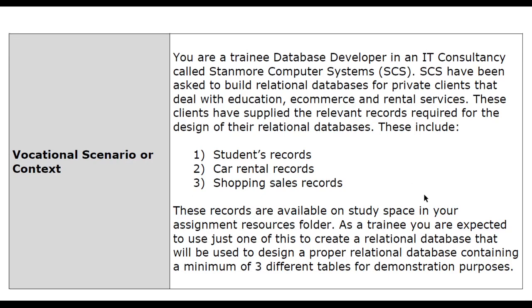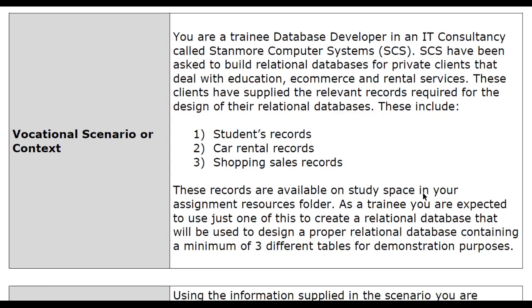The instruction is also on the assignment brief, and it clearly states that you have three records uploaded on study space. These records are available on the unit 18 page, and you've got one, two, three. You are meant to choose one and normalize the tables there.